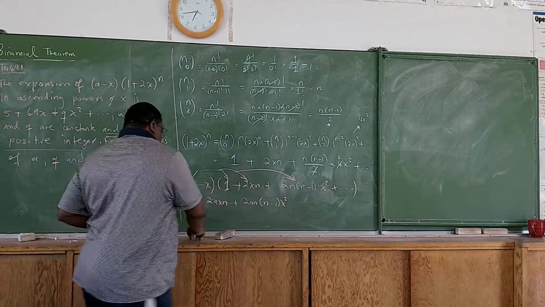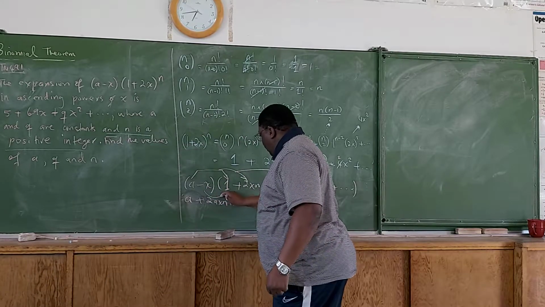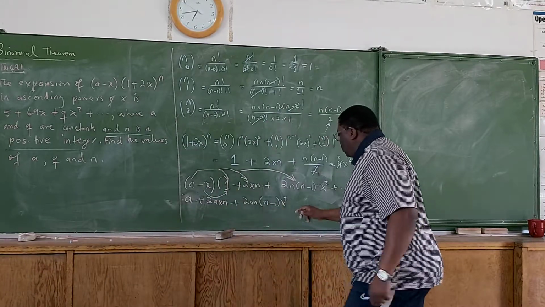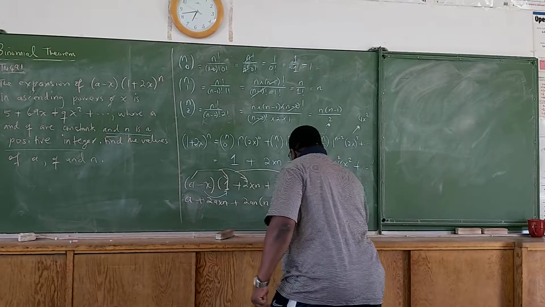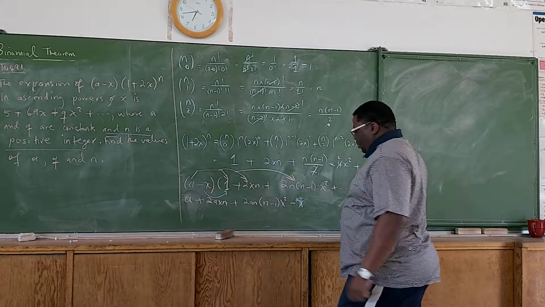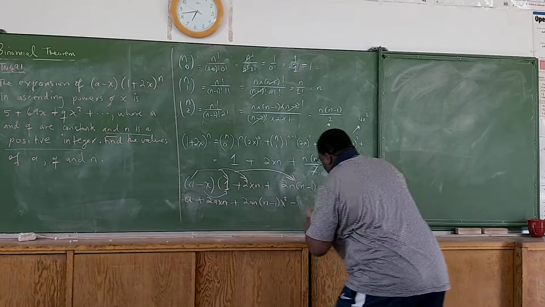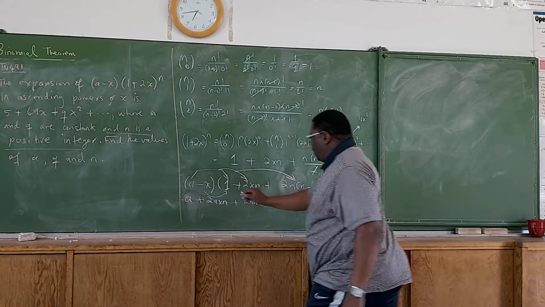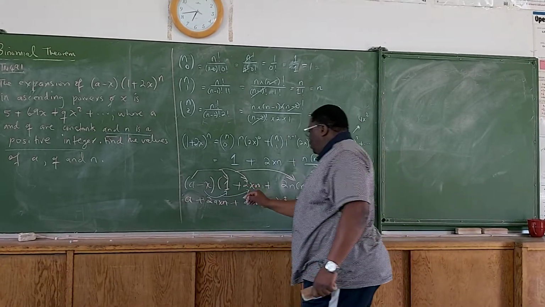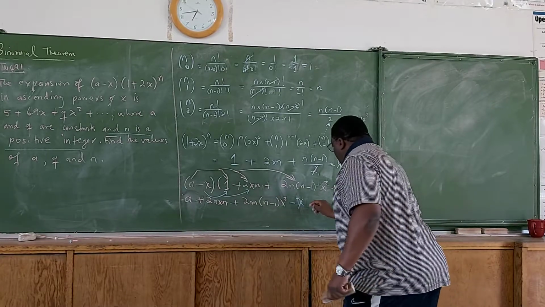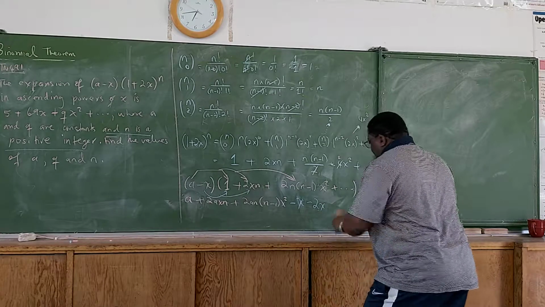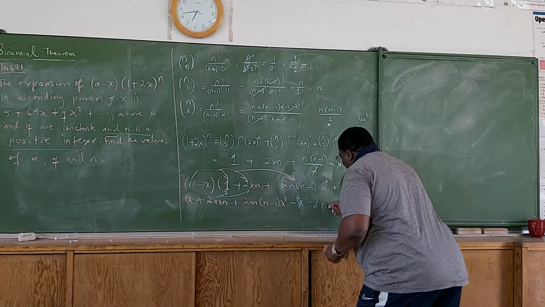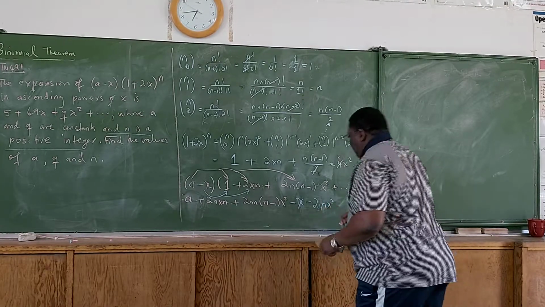This one can go together: minus x, and then this x with this x gives minus 2nx squared. That's an x, so that's minus x.